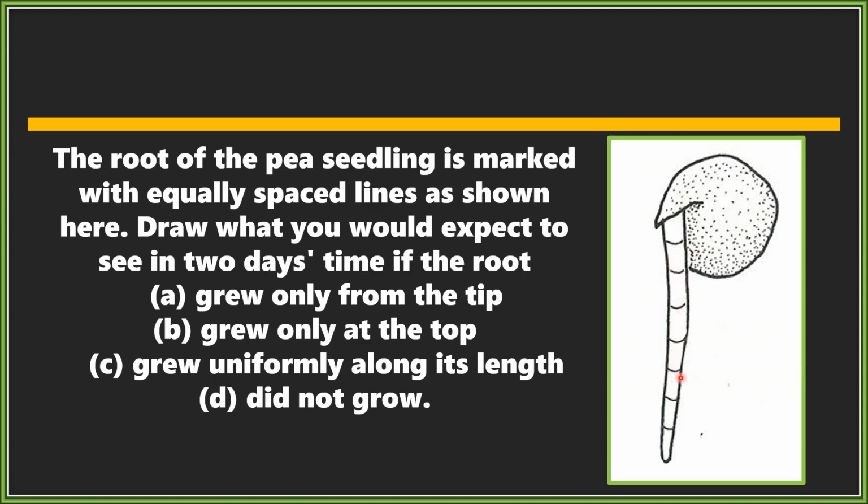Draw what you would expect to see in 2 days' time if a root A grew only from the tip, B grew only at the top, C grew uniformly along its length, and D did not grow.